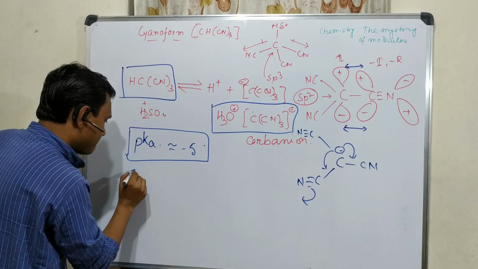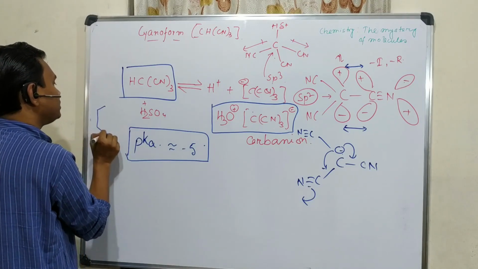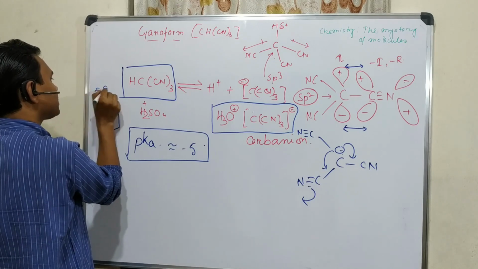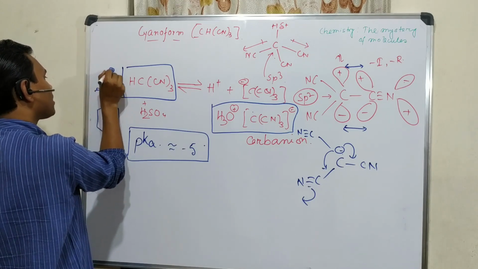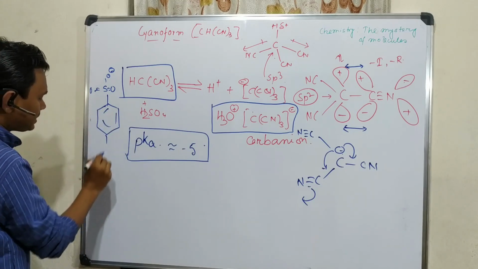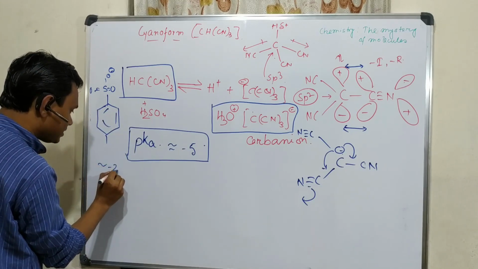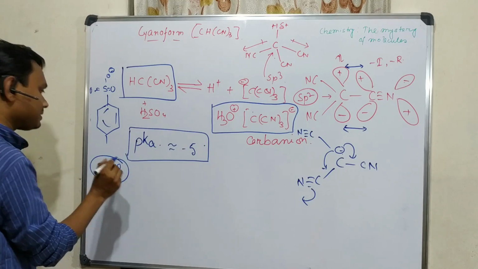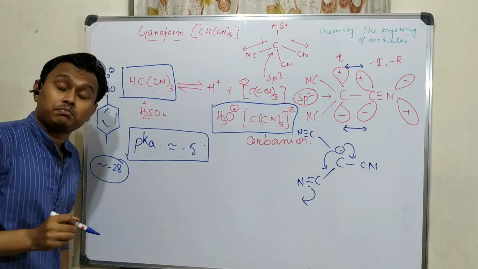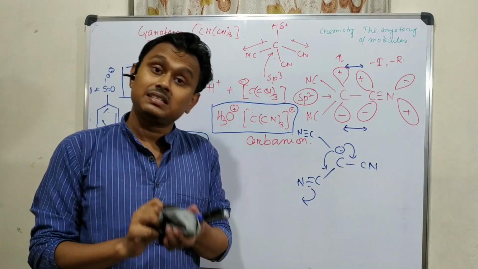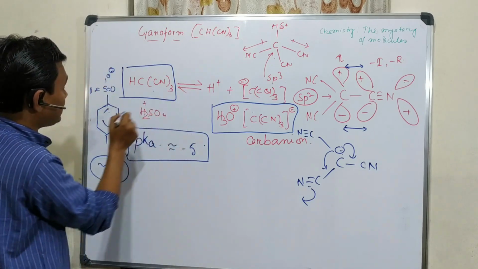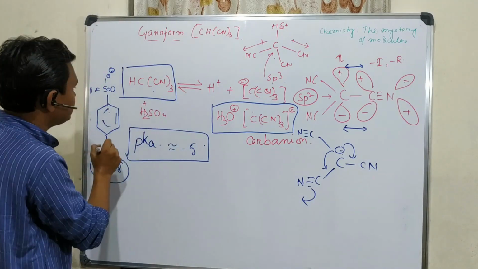For comparison, the pKa of para-toluenesulfonic acid, PTSA, is around -2.8. So we can say this is more acidic than PTSA. PTSA is widely used as an acid in organic chemistry, but this is stronger than even PTSA.